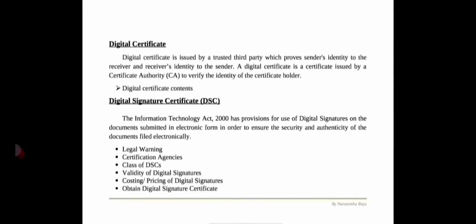And the next one is costs or pricing of digital signatures. It includes the cost of the medium, the cost of issuing the DSC and the renewal cost after the period of validity.